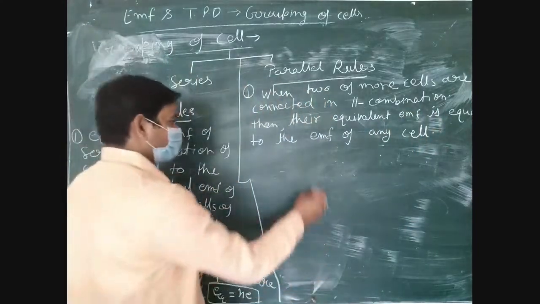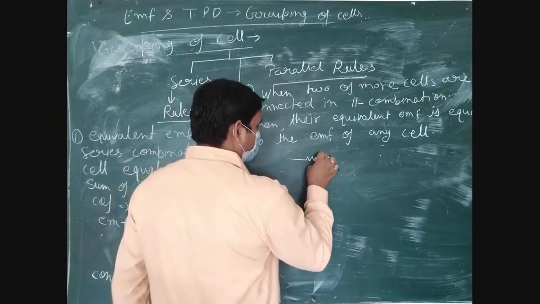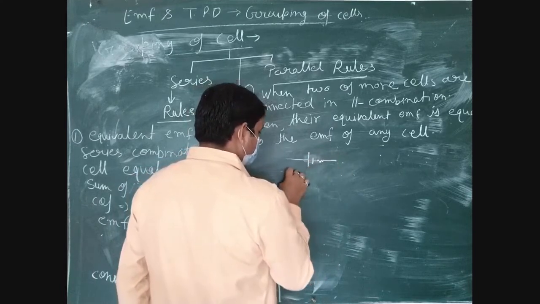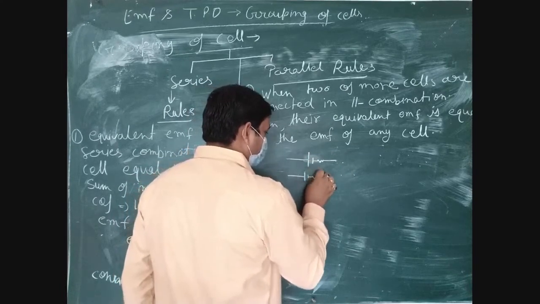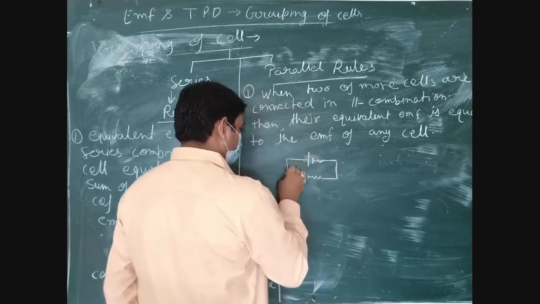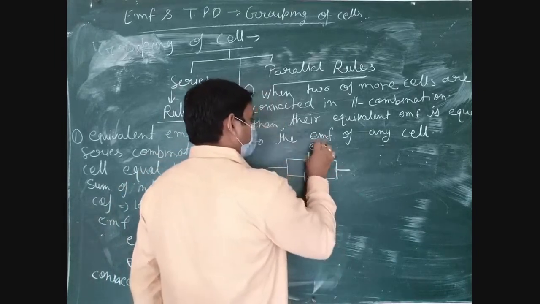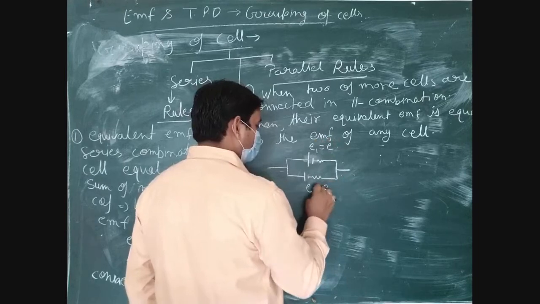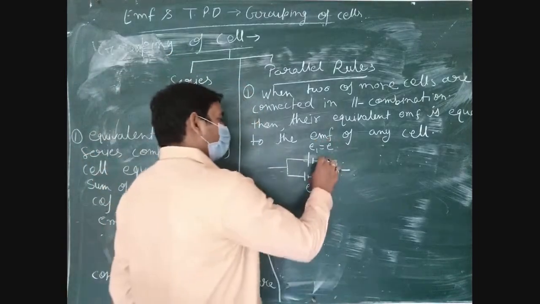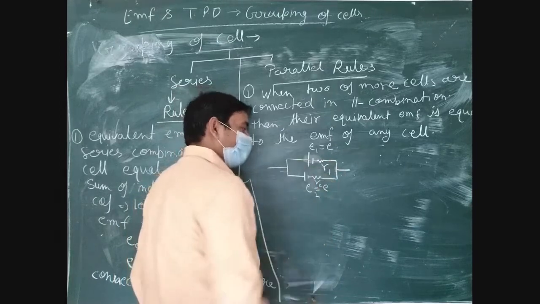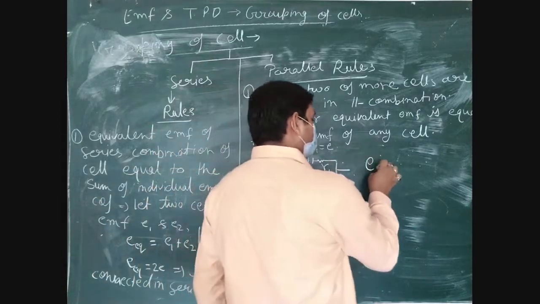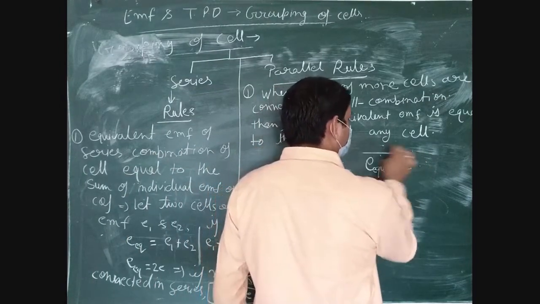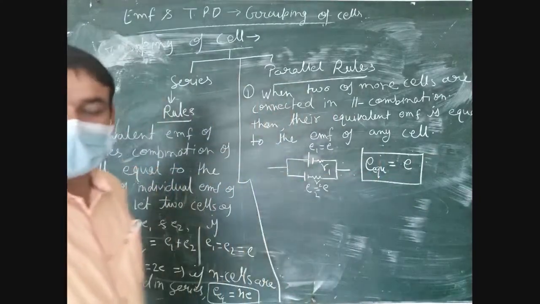That means if two or more cells are connected in parallel combination, having EMF E1 equal to E and E2 equal to E, with internal resistances r1 and r2, the equivalent EMF is equal to only E. Clear?